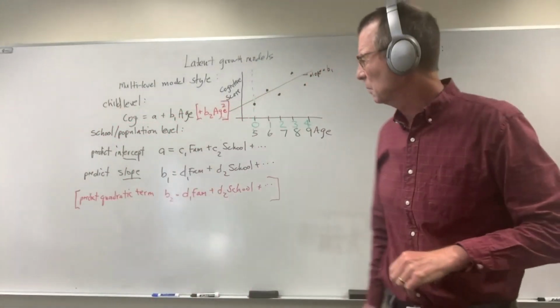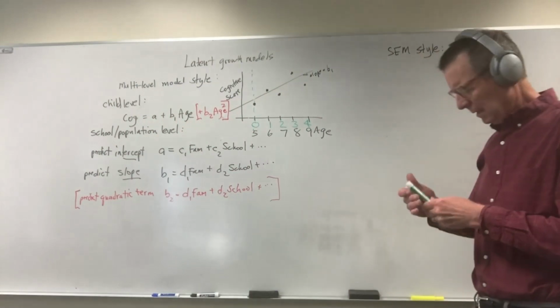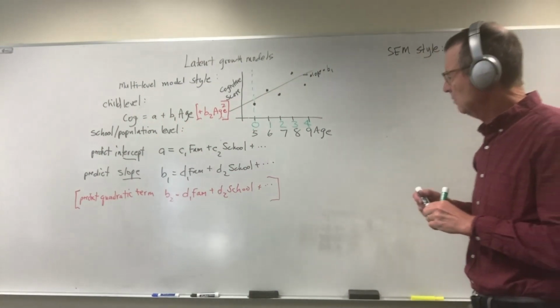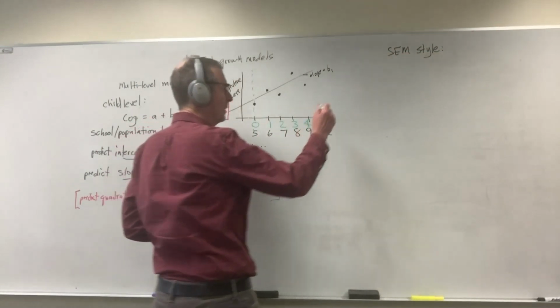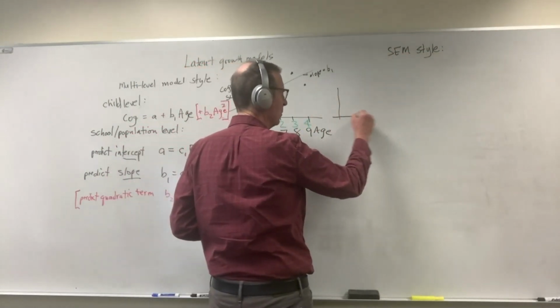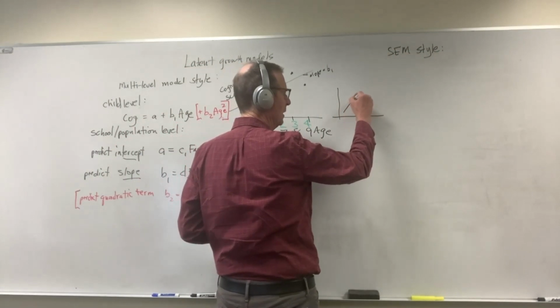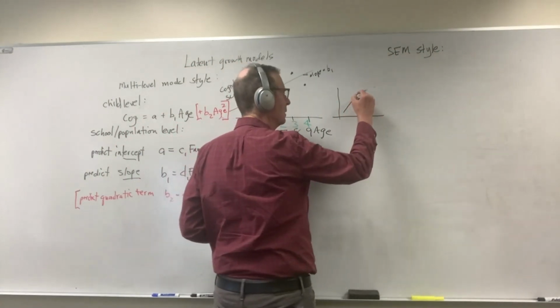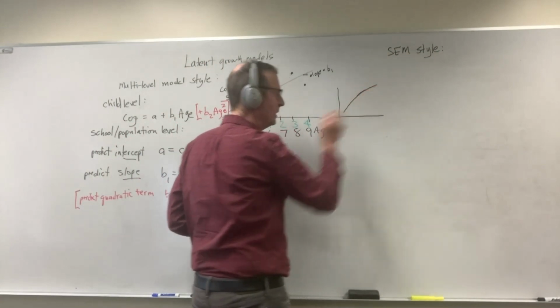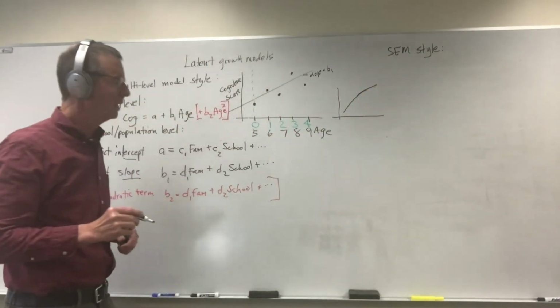I always have trouble with quadratics in this kind of context. You know, I think it's true that for a population of kids, you tend to get cognitive scores increasing at a decreasing rate in the early grades.